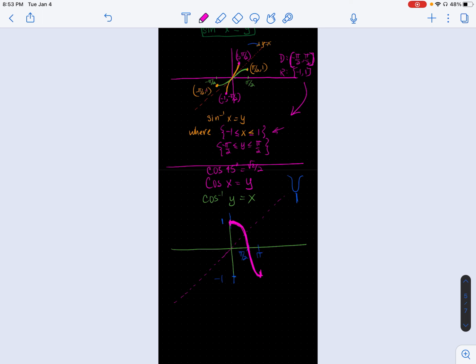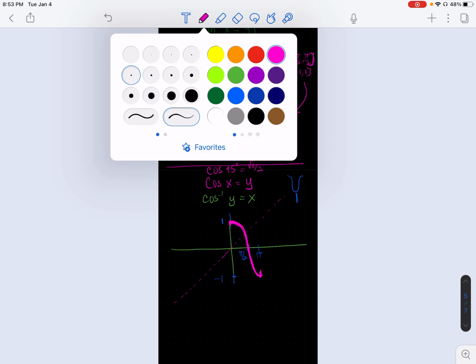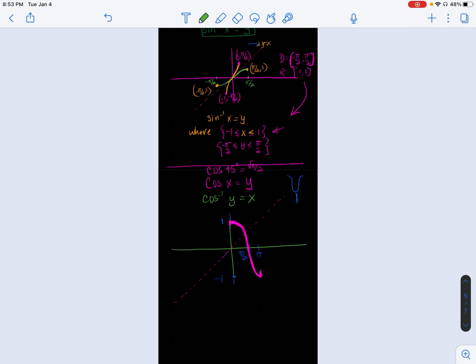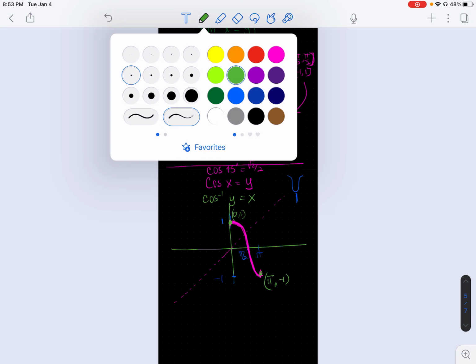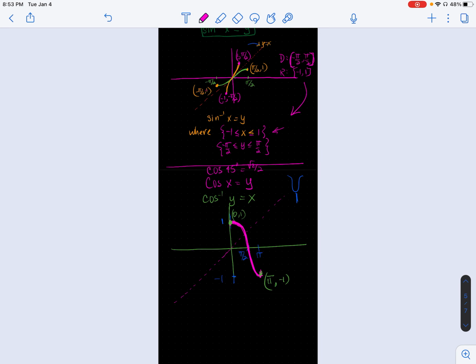Excuse me. If I were to now draw the inverse of this, which can again be a little challenging, let's get the points here. This point is represented by 0, 1. This point is represented by pi, negative 1, right? So on the inverse, we will have swapped roles. Let's change color here.